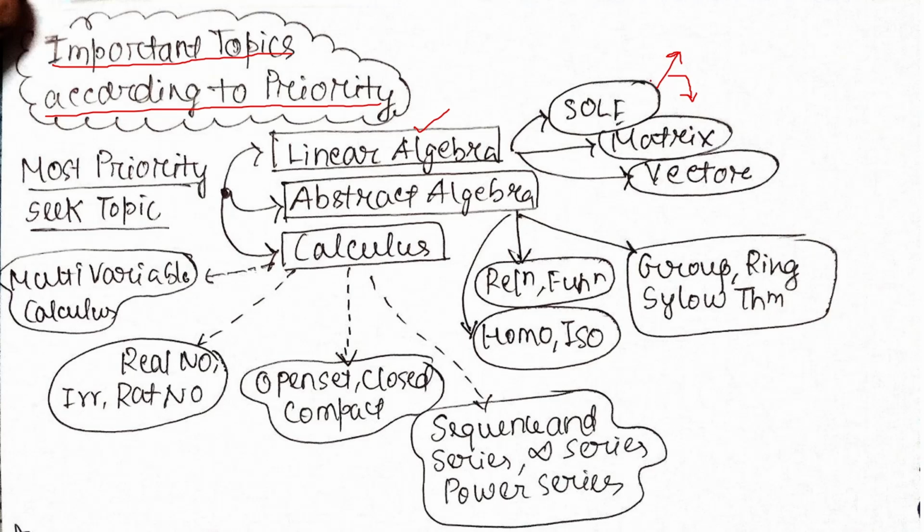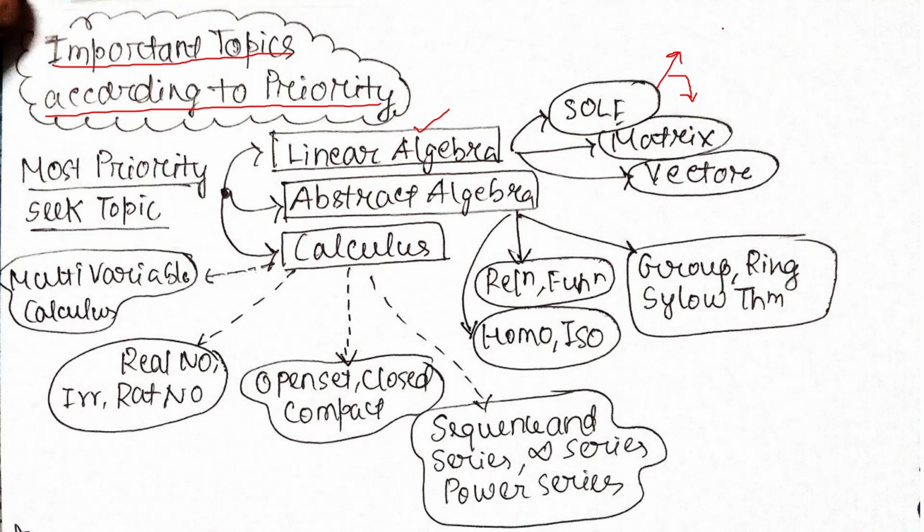But foremost, the important thing to start linear algebra is SOLE, the system of linear equations. We can solve any system of linear equations through these theorems. So SOLE is a very important thing.